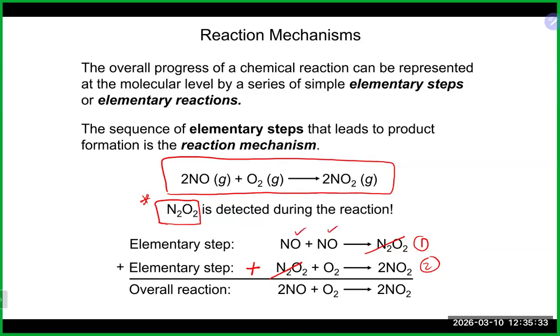So that is 2 NOs and 1 O2 giving us 2 NO2s as our overall reaction. These elementary steps are what build out the reaction that we're looking at, and this is what is sometimes referred to as a mechanism of this reaction. Now, mechanisms may not always be the way that a reaction occurs all the time. It's just an explanation of how this reaction takes place.